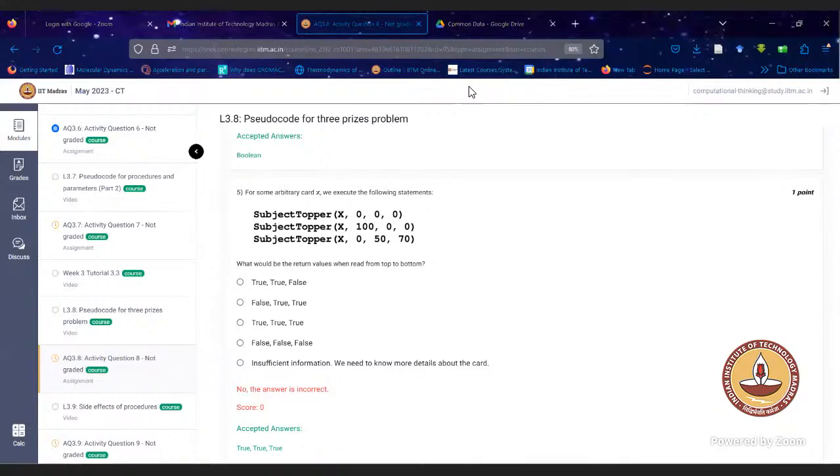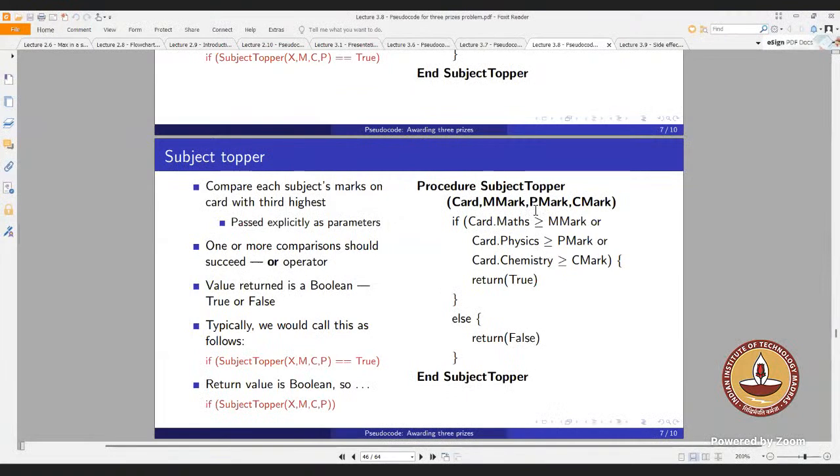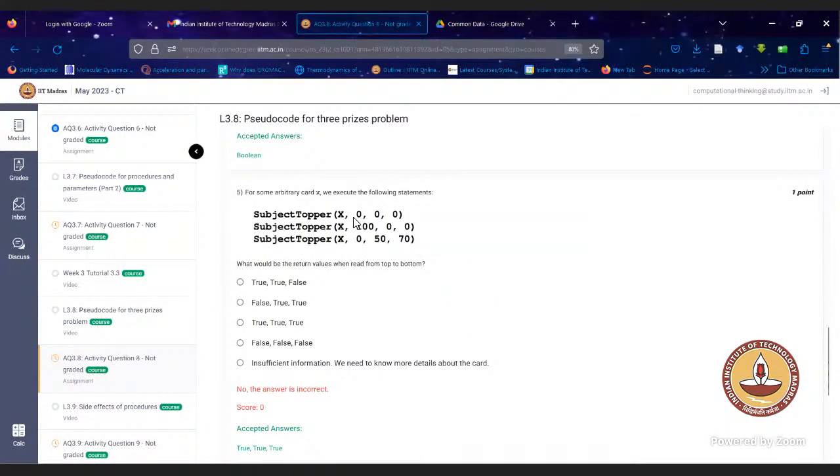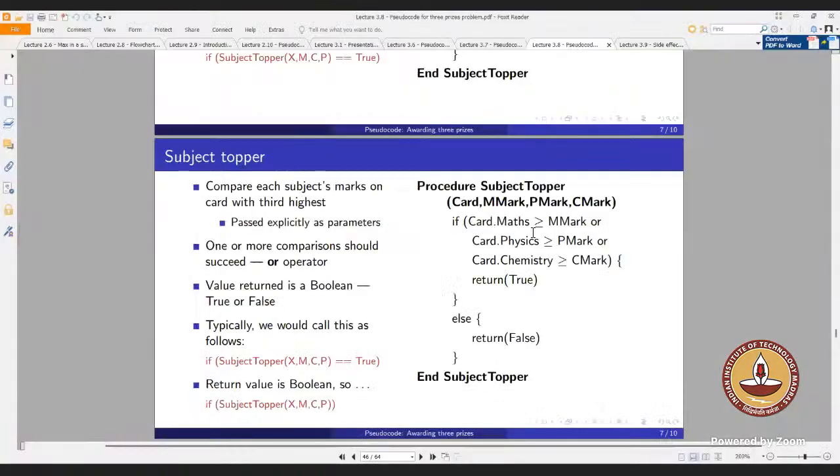So either one of the conditions has to be true. If any one of them is true, it will return true. So if you look at the question, it says x00, 100, 00, and 0, 50, 0. So one of the conditions will always be true, right? Card.maths is greater than or equal to math mark.